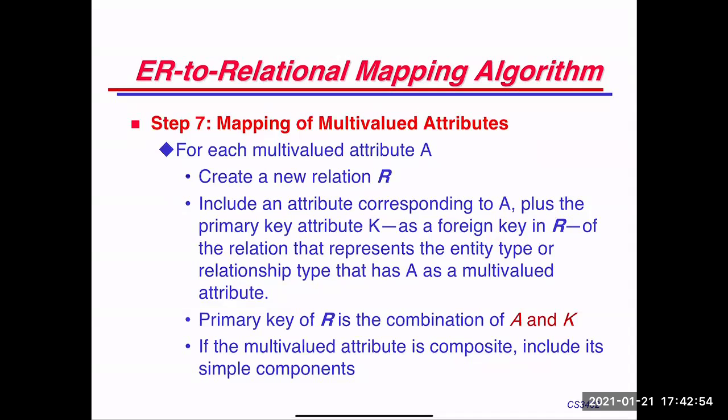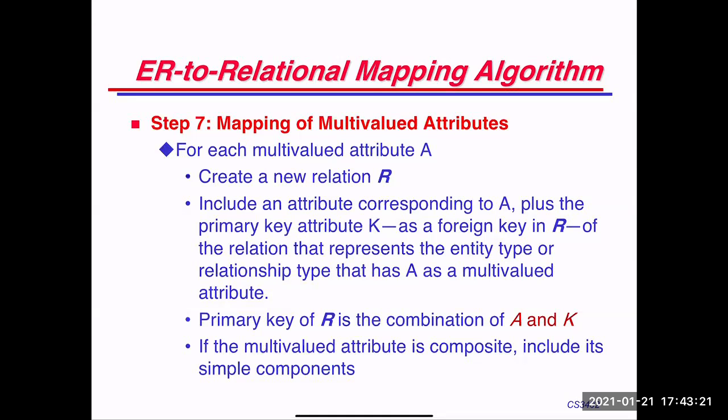Why do I need to make this the combination here? Isn't it sufficient to just make it K, which would be a primary key of the entity type that I'm looking at? Well, the answer is very simple, right? So this was a multi-valued attribute.